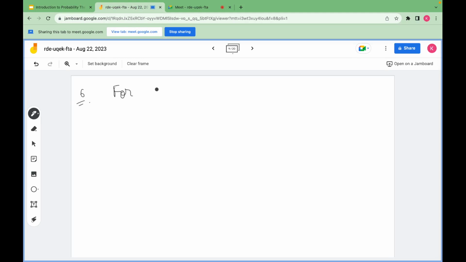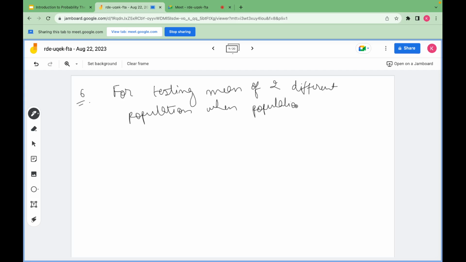So for testing mean of two different populations, when population variances are unknown.